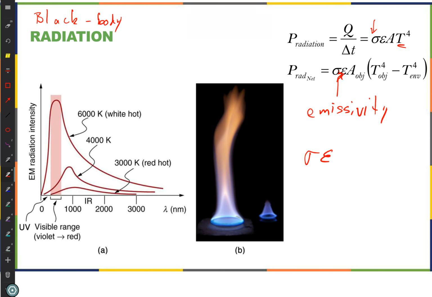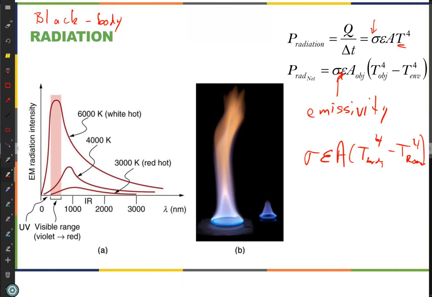For the human body, it's reasonably close to 1, actually. Then you have the area of your body, so you'd have to calculate how much surface area you have. And then you'd have the temperature of your body to the 4th power minus the temperature of the room to the 4th power.